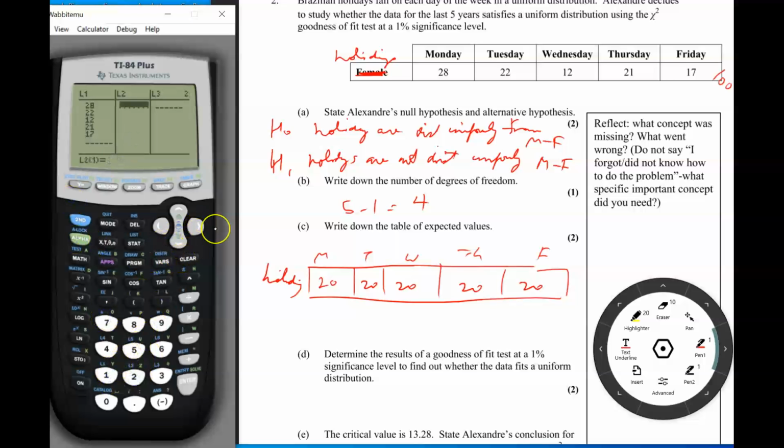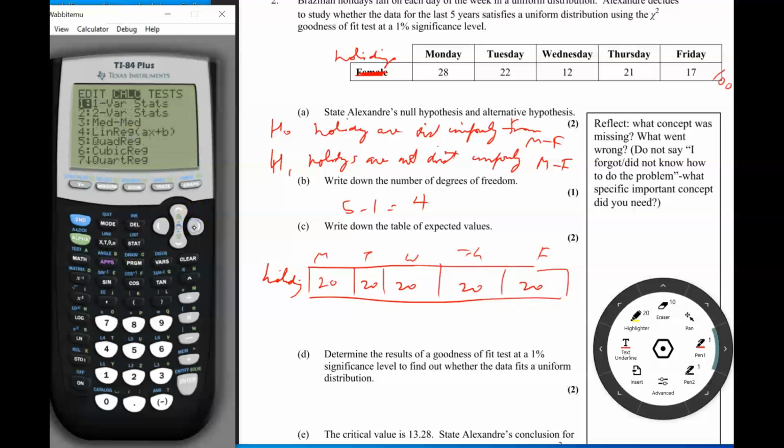And in this particular case, I need to tell it what my expected distribution is because it might not be a uniform distribution. And if it's not, how's the calculator supposed to know about that, right? So we're going to tell the calculator that in this particular case, it does happen to be a uniform distribution, but that's not always going to be the case. Later, when we learn about other kinds of distributions, we're going to go back and do a little bit more chi-squared, and then we're actually going to do problems where it is not going to be the same number repeated over in list 2, okay?